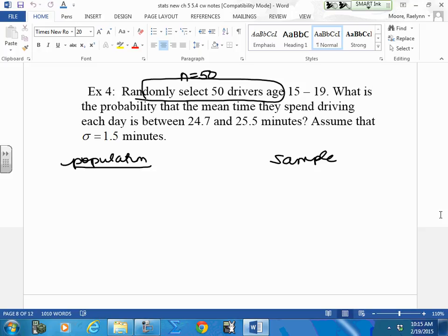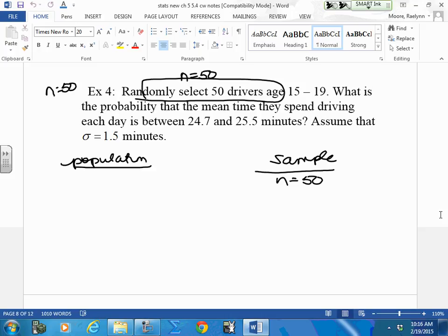Now, 50 drivers. Does it matter what our population looked like? What shape it was? No. What's our cutoff for n? 30. So n is greater than or equal to 30. So we're okay with that. We're going to assume our population was normally distributed, or I can't do this part.